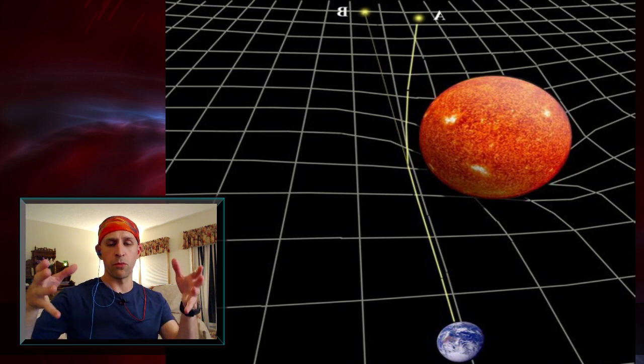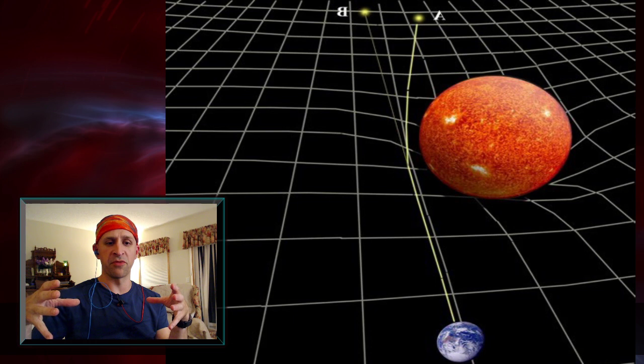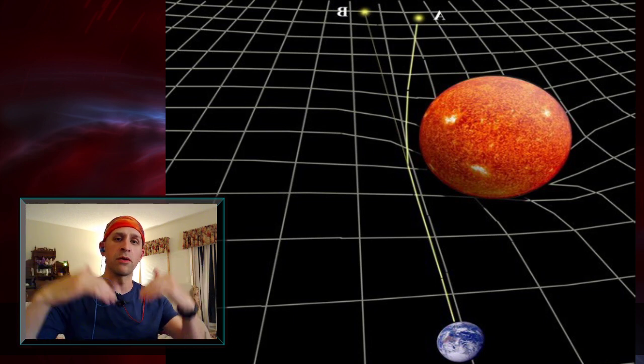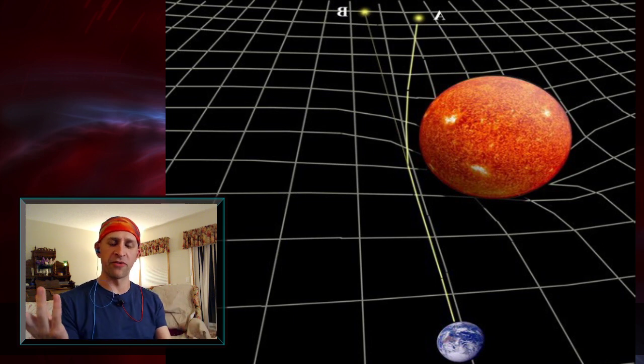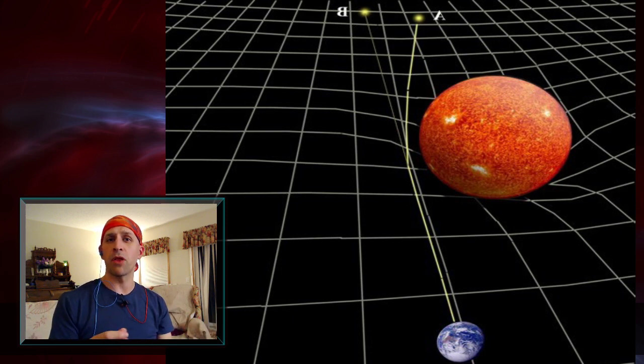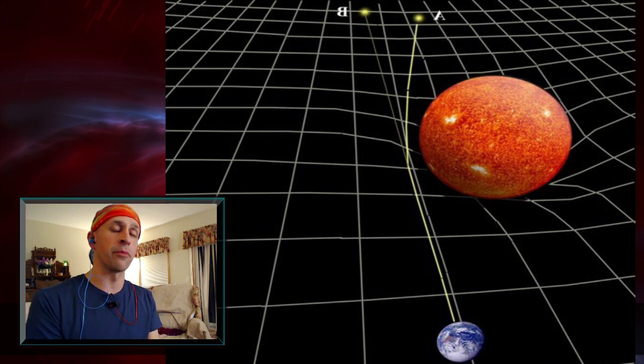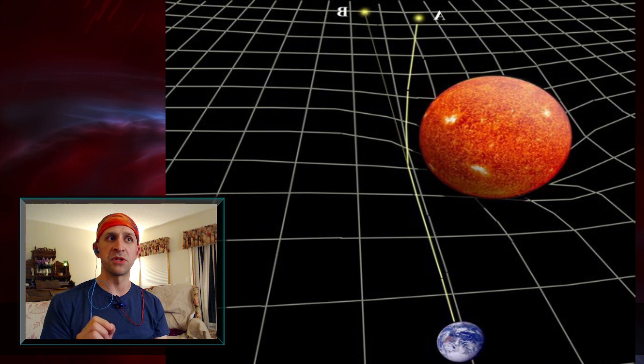Anytime they show a diagram to explain what a gravitational pull looks like, they always do it as a gravity well. So the bigger the mass, the more it pulls down on the fabric of space. Another thing that's important is we all have heard the classic E equals mc squared, which is energy equals mass times the speed of light squared.